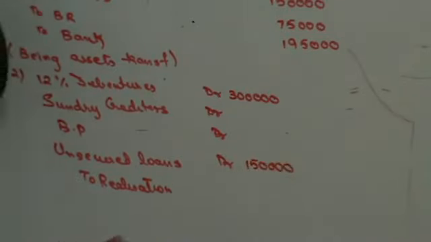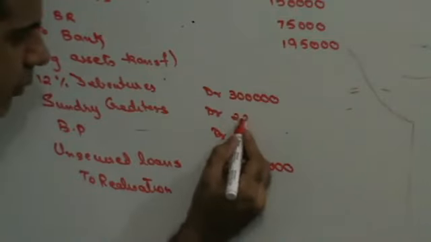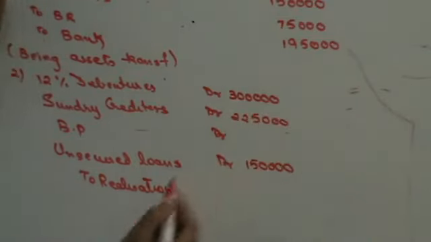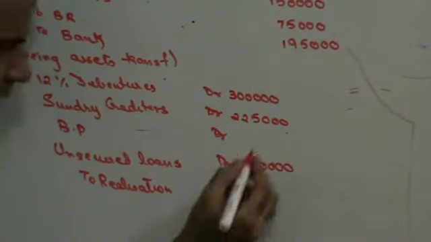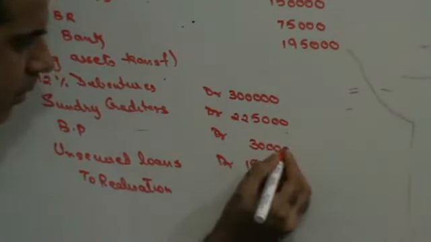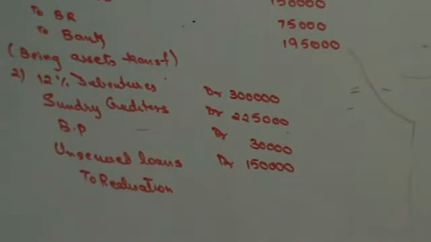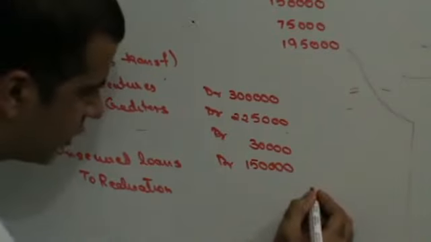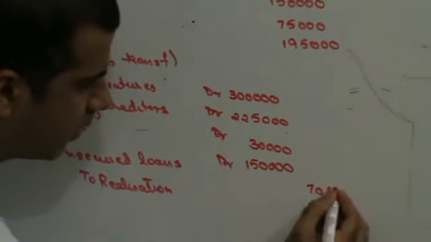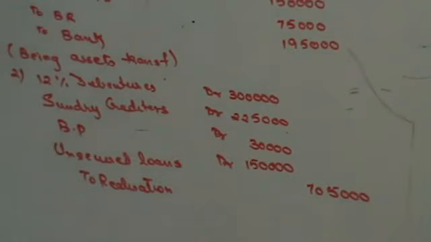Then you have creditors is 2,25,000. And bills payable is 3,000. Someone please add this. 3, 5, 6,75,000, 7,05,000. Someone please check this. Someone please add and check this figure.